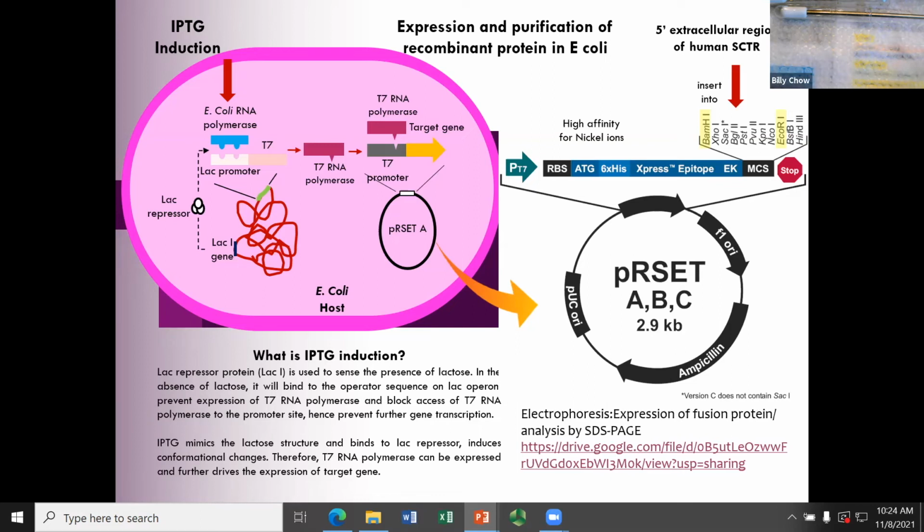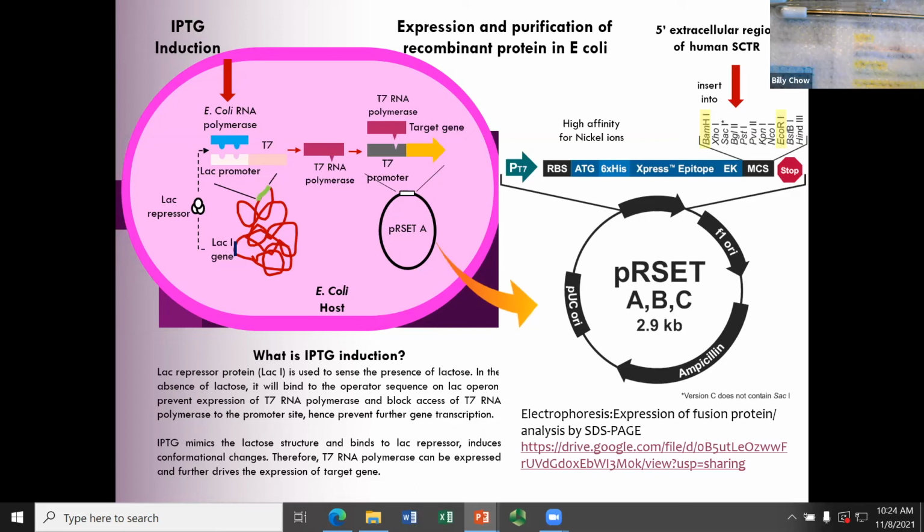And the same is also happening in the vector. So you force clone the DNA that encodes the 5' extracellular domain of the human secretin receptor into the BamH1 and EcoR1 site of this vector. So this double-strand DNA now is inserted into this BamH1 EcoR1 site. And after the MCS, there's a stop codon. So we stop the translation process.